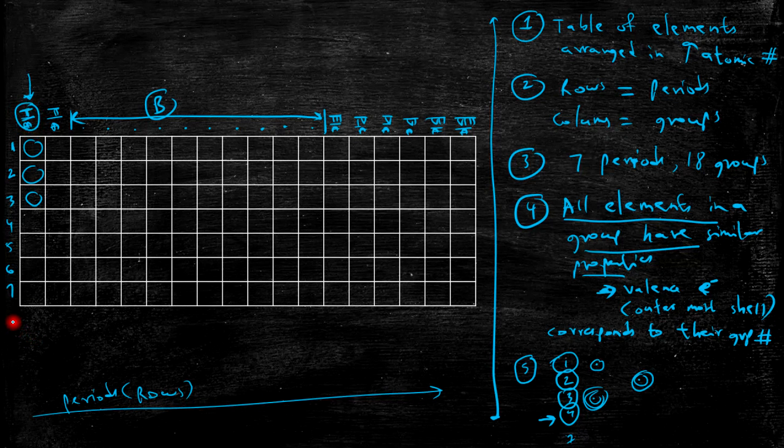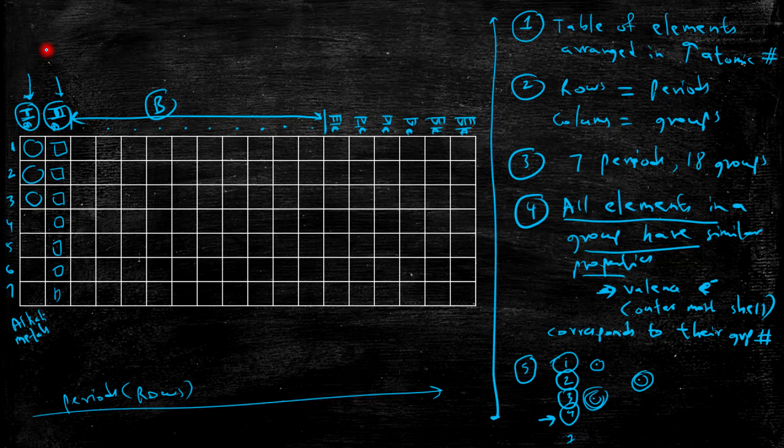And these are called alkali metals. Same way, all of these elements which belong to the second column, this element, this element, this element, they all contain 2 electrons in their outermost shell, and therefore they have similar properties.